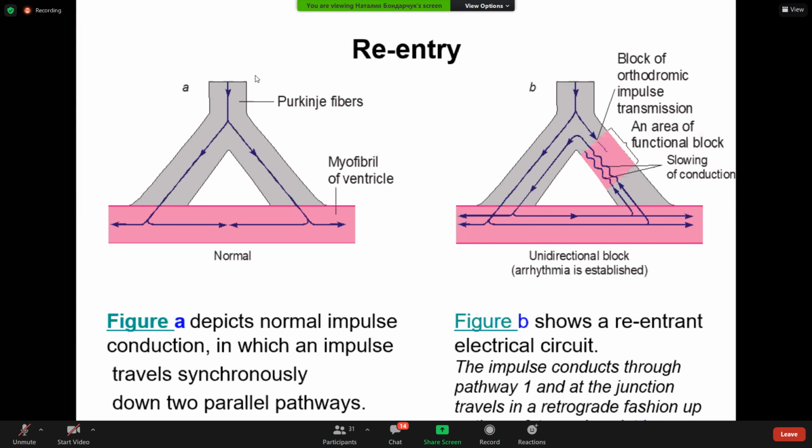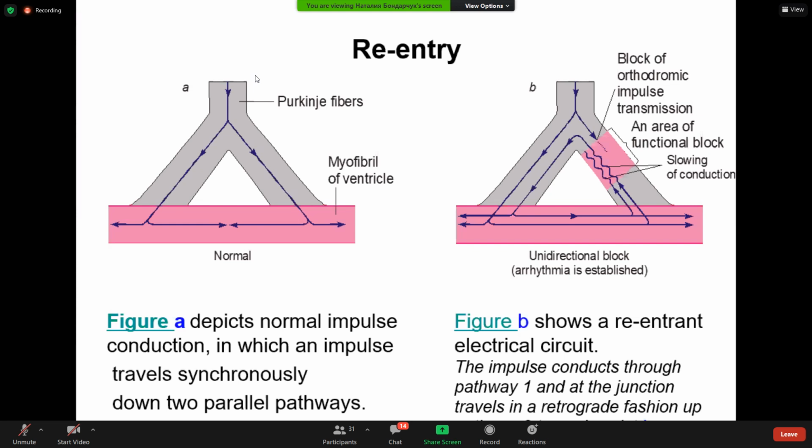Antiarrhythmic agents prevent re-entry by slowing conduction. We will discuss such drugs, so they will block this conduction for the impulses. Such drugs convert unidirectional block to bidirectional block. Later we'll discuss the antiarrhythmic action of drugs, and again I will show you such a diagram.